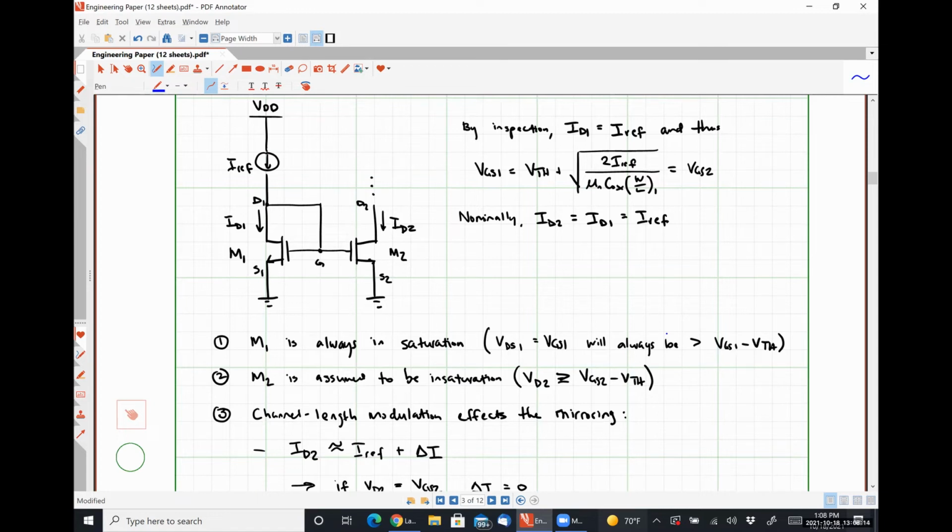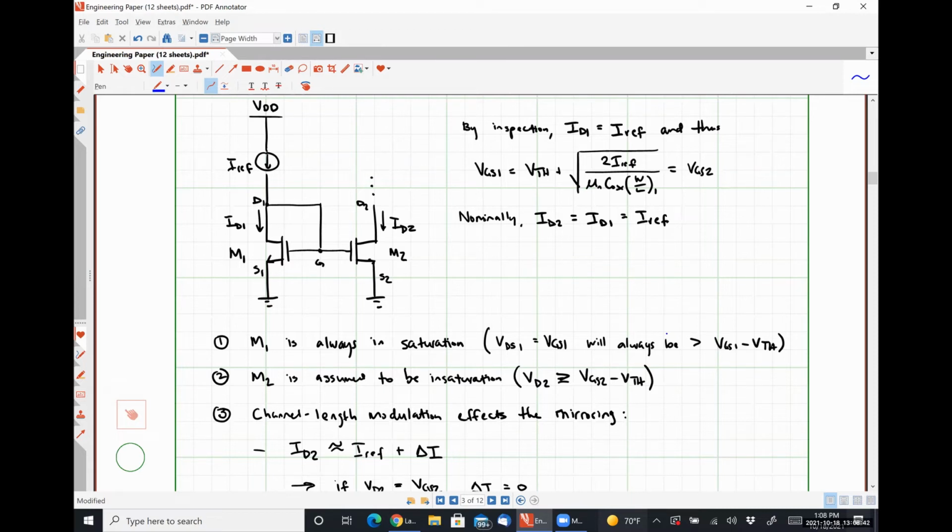Our reference current is being supplied by an independent source, right? So that means that it is just forcing that much current to flow through whatever it's connected to, okay? So that means that transistor M1 has to have that current I reference flowing through it. Okay. We know that none of that current can branch off and flow into the gate terminal of either transistor M1 or M2.